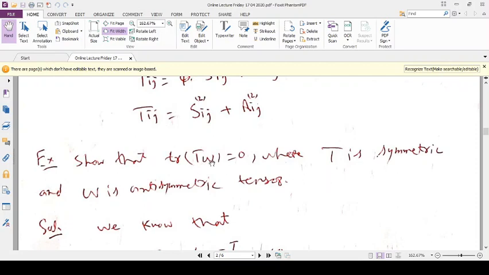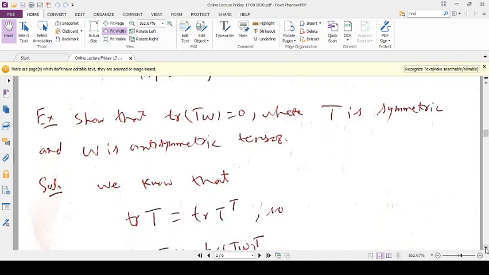Not any two. If both are symmetric or both are antisymmetric, we can't have this type of result. This result will be true only if one is symmetric and the other is antisymmetric, then the trace of the product will be equal to 0.